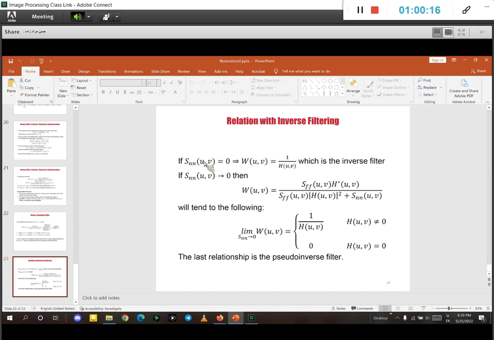If we didn't have any noise, Wiener is the inverse filter.